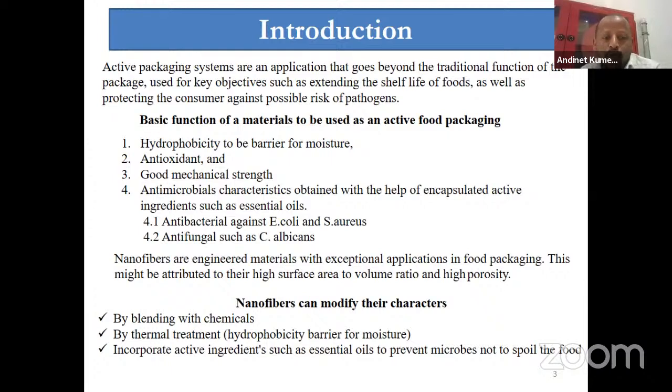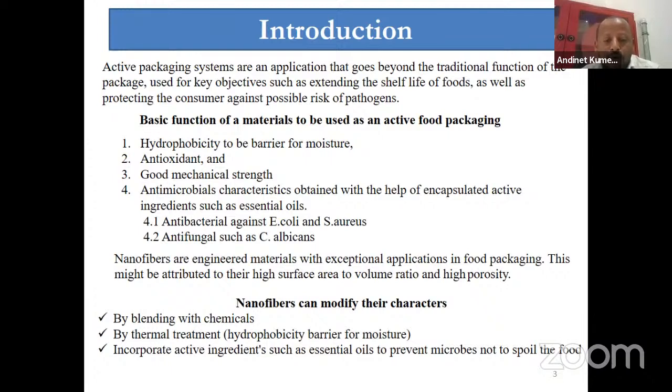For this active food packaging system, nowadays nanofibers are hugely applied because of their production methods that give us a high surface area to volume ratio and high porosity. Also, in order to meet the above listed criteria, these nanofibers can easily modify their character by maybe blending with some chemicals. We can get some improvement in the mechanical strengths.